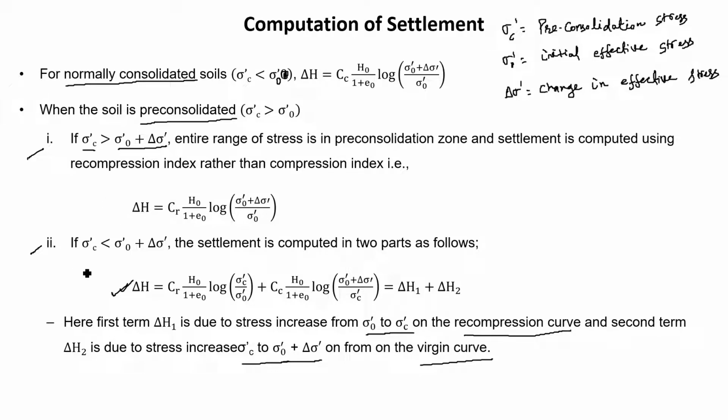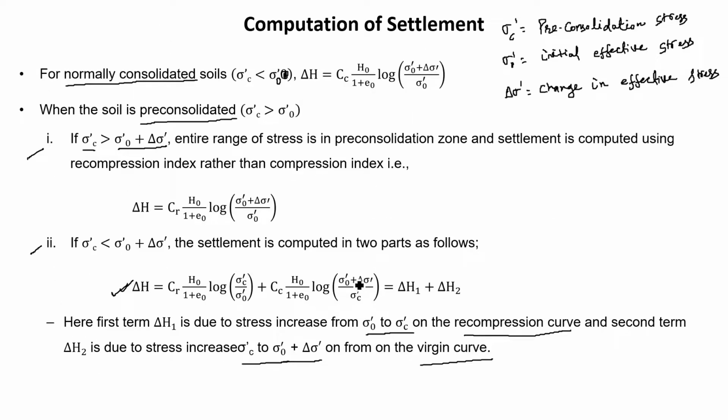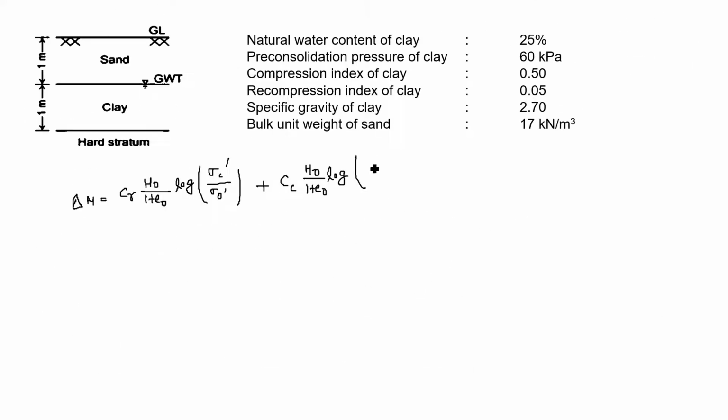As you can see in this figure, the formula is Cr into H naught by (1 plus e naught) into log of sigma c dash divided by sigma naught dash, plus Cc into H naught divided by (1 plus e naught) into log of (sigma naught dash plus del sigma dash) divided by sigma c dash.